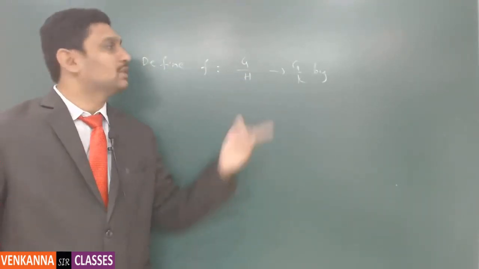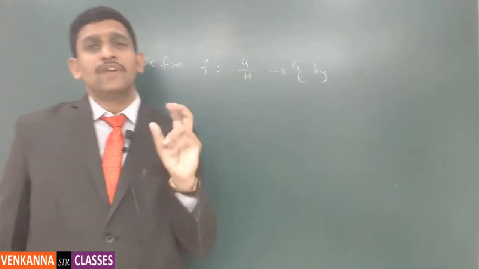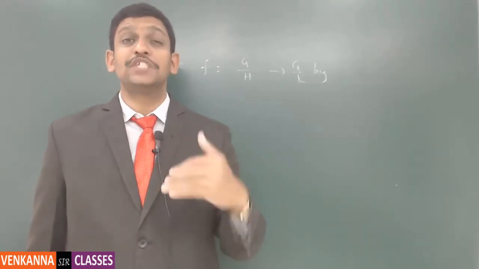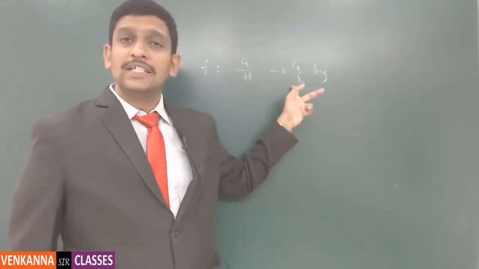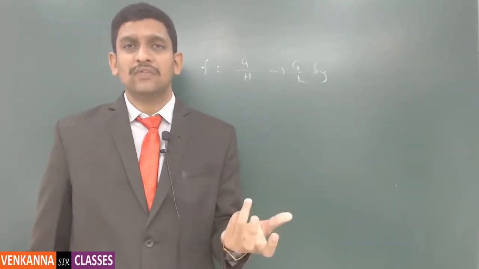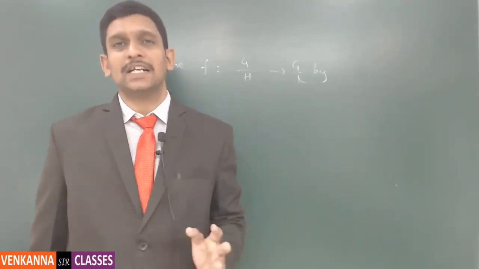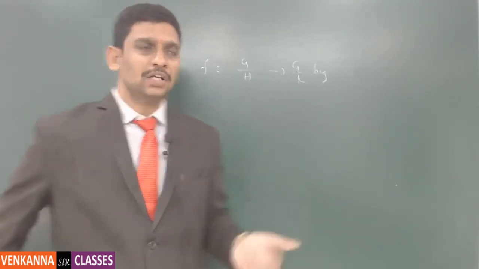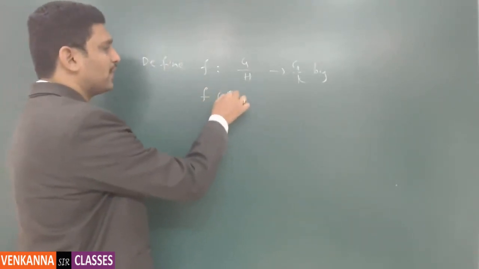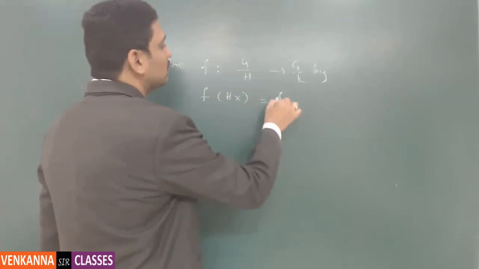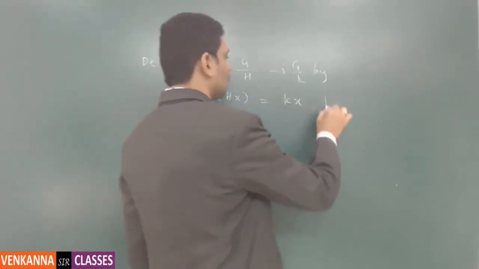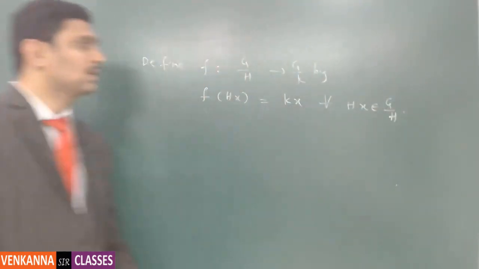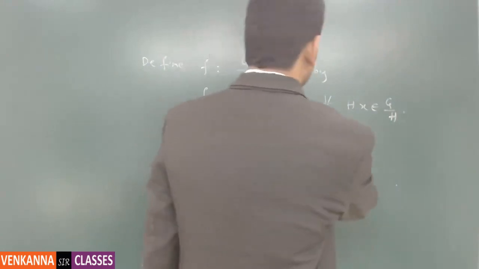In general words, in G/H every element will be of the form Hx, Hy, etc. So nothing but H multiples. In G/K, every element is of the form Kx, Ky, Kz, etc. So it is of the form K multiples. So while defining the function, we define that f of Hx is equal to Kx for all Hx belonging to G/H. In this way, we define the function.